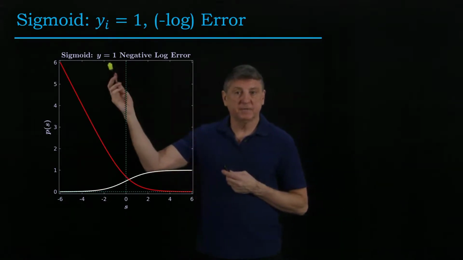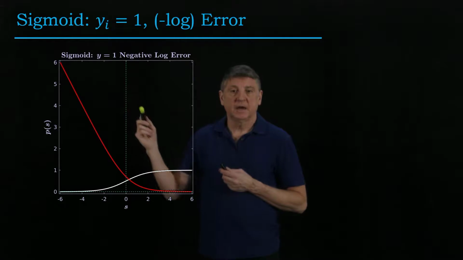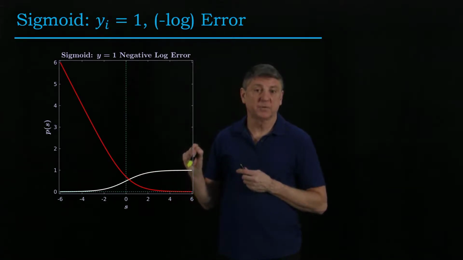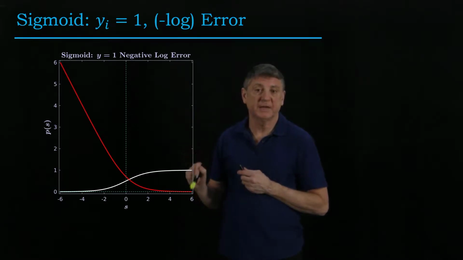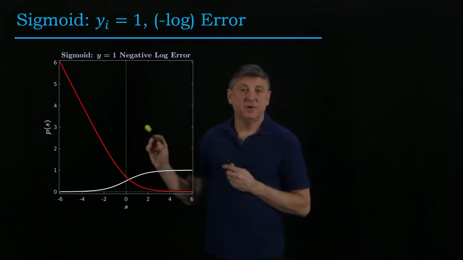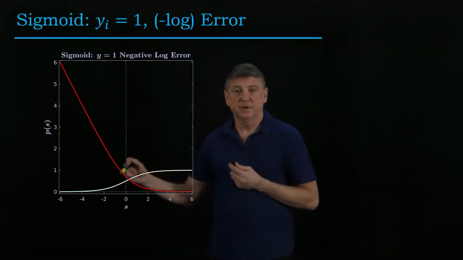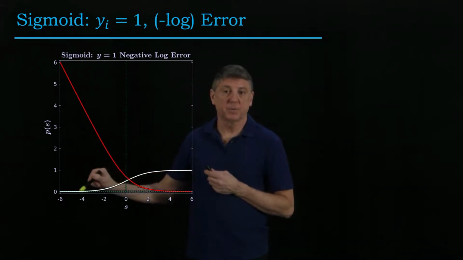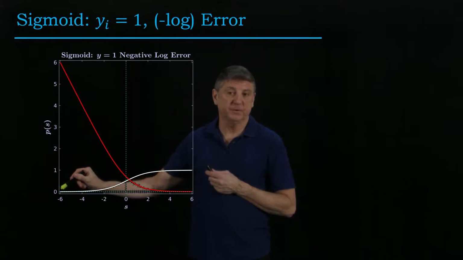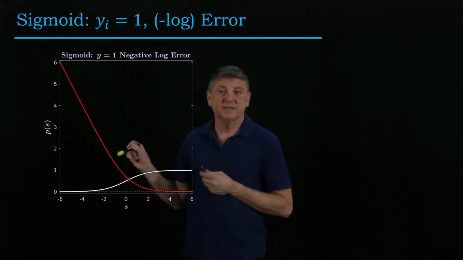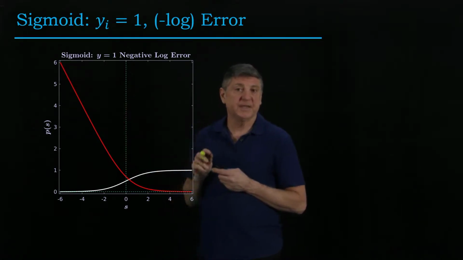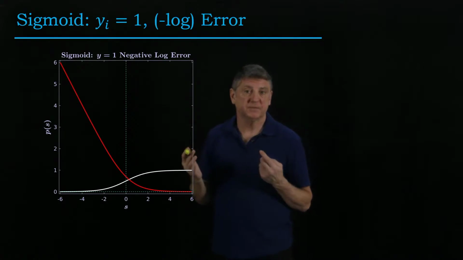Likewise, if the label of our data is 1 and the logistic function says it's very probable that that data is on the positive side of the hyperplane, then the residual error is nearly 0. If, on the other hand, this is a false negative, which means that its true label is 1, and we're saying that the probability of it being positive is very, very small, then in this case, the negative log error will carry a potentially infinite penalty for that misclassification.